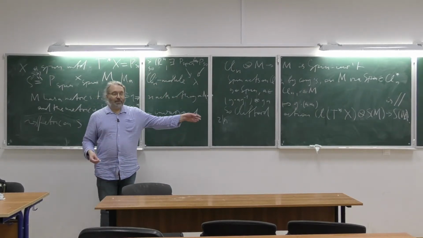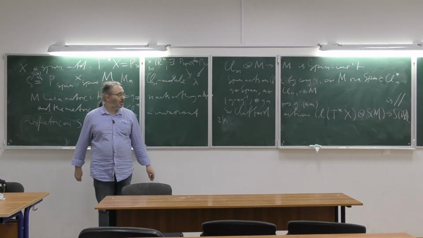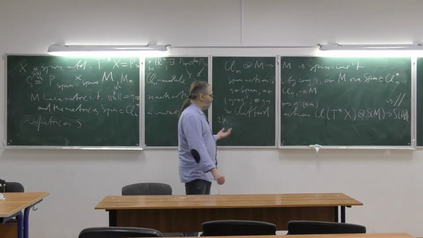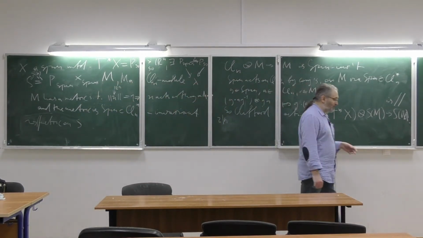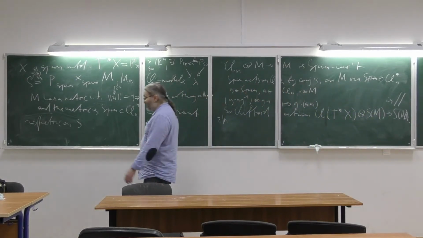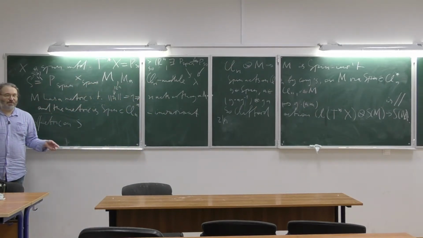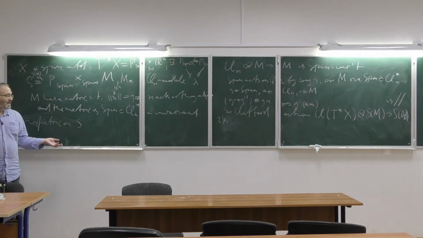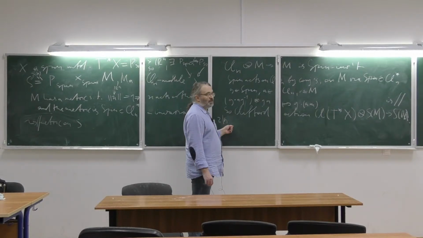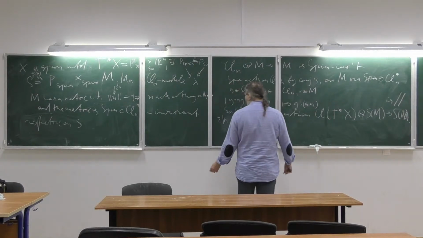By the way, the case of n odd is not particularly interesting, and the index of every operator on an odd-dimensional manifold is actually 0, which is incidentally one of the problems I gave both of you for the exam. Anyway, so let's restrict ourselves to this case.